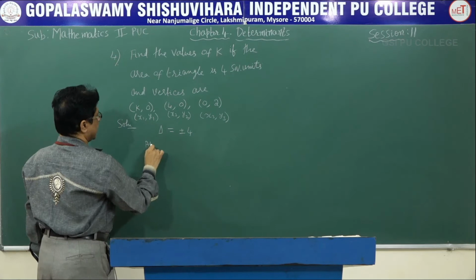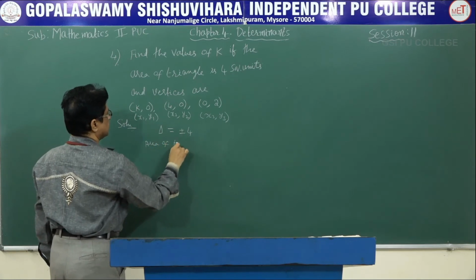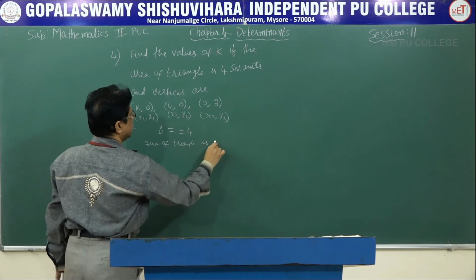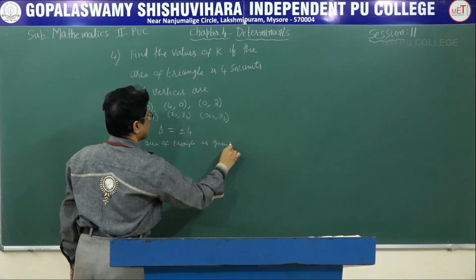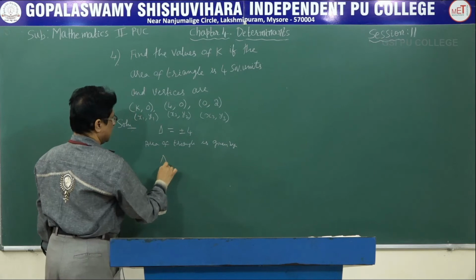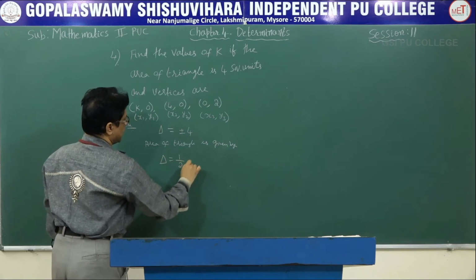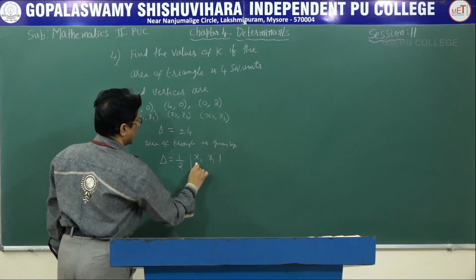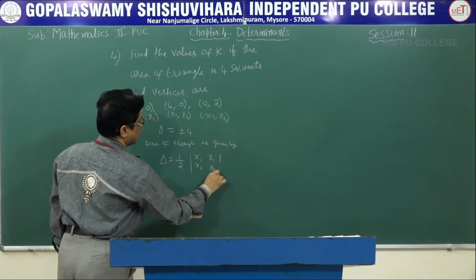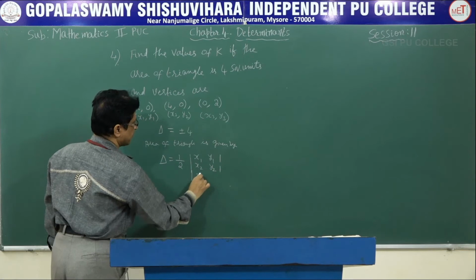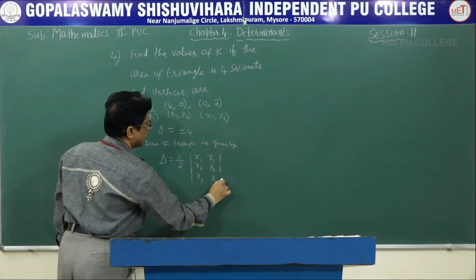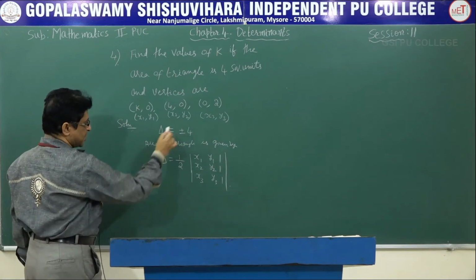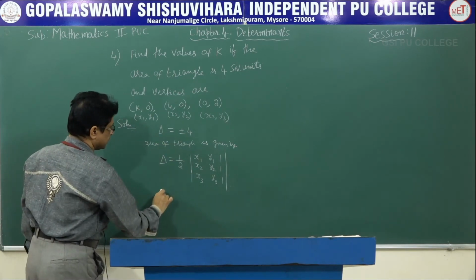So area of triangle is given by delta equals half into determinant of x1, y1, 1, x2, y2, 1, x3, y3, 1. So from data delta equals plus or minus 4.